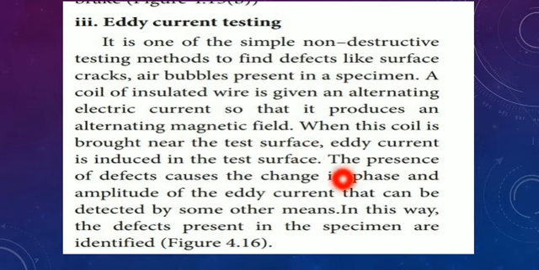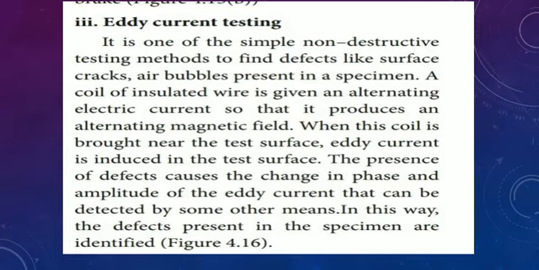The presence of a defect causes a change in phase and amplitude of the eddy current that can be detected by other means. In this way, defects in the specimen, any cracks, any bubbles, can be found for testing purposes. This type of testing is used on the quality control side.